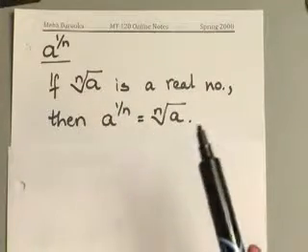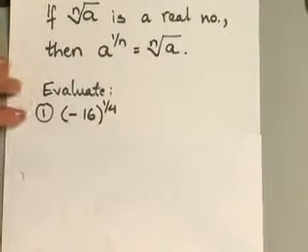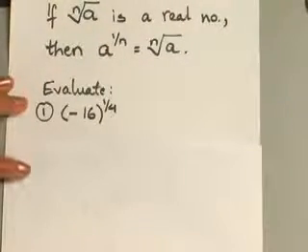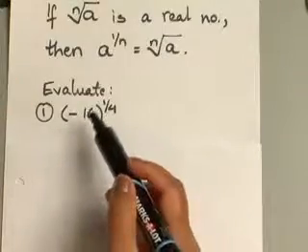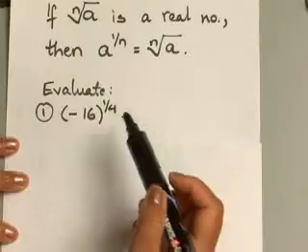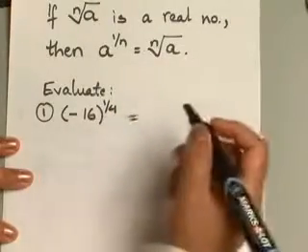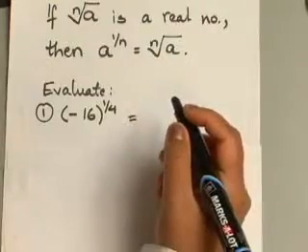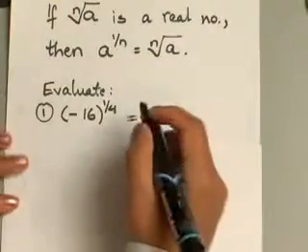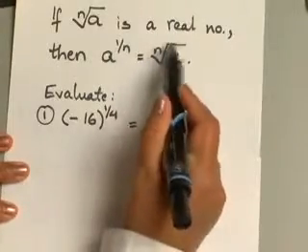So let's go ahead and try and evaluate some examples here. Now you have negative 16, and the whole thing to the 1 over 4. If I had to write this as a radical, how would I do that? Again, remember, 1 over n becomes the nth root.